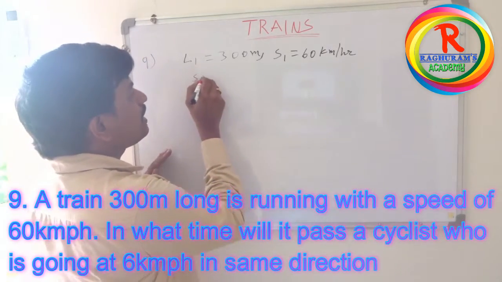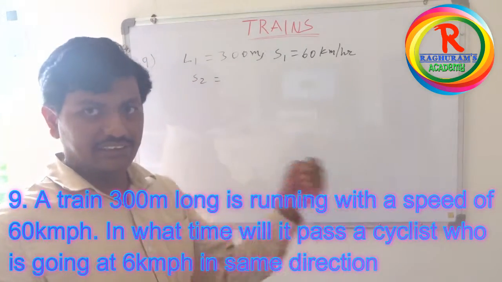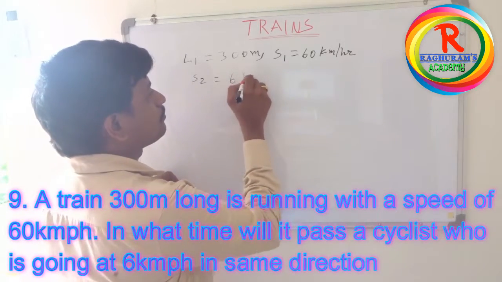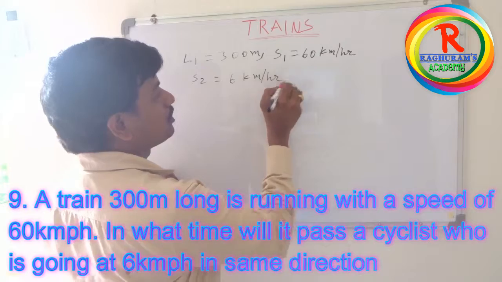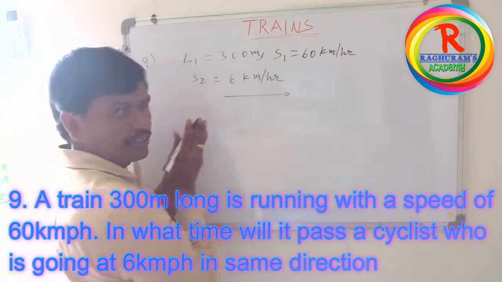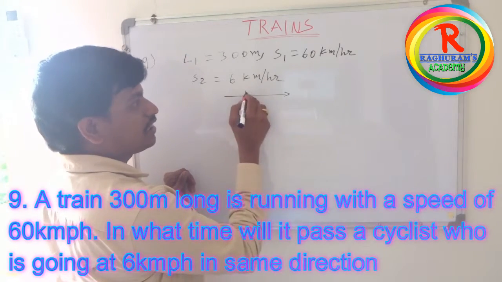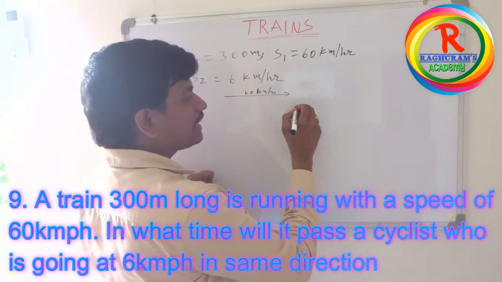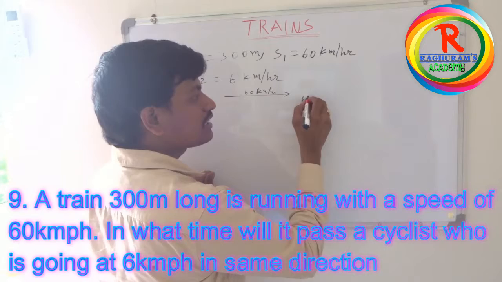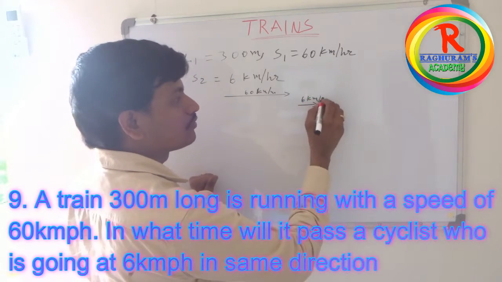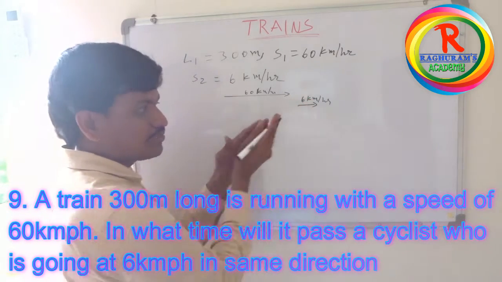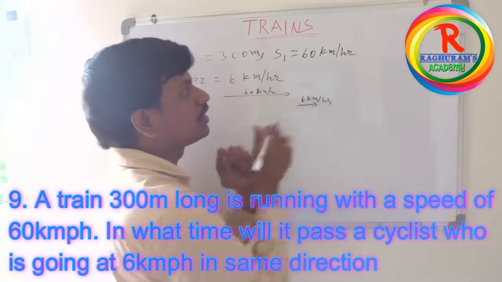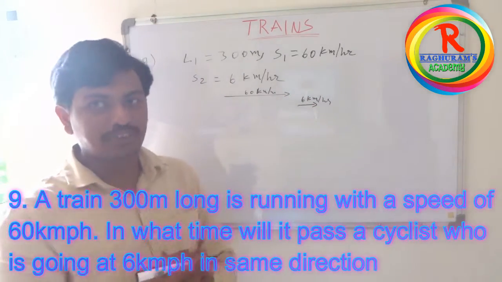The cyclist is moving in the same direction with the speed 6 kilometers per hour. So the train is moving that way at 60 kilometers per hour, and the cyclist is moving at 6 kilometers per hour. The train has to cross him. How much time will it take?